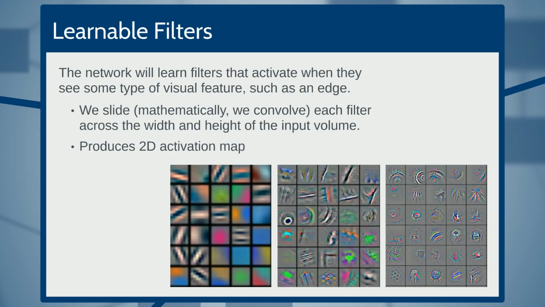So these are the learnable filters, and these are really what have people so excited, because you can see that each of them are starting to learn how to extract different features. In the bottom, the leftmost image is going to be our first layer of activation maps, and then as we go farther up, we can start to learn more complicated and more detailed structures.